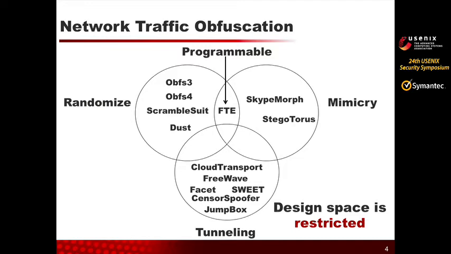So when a paper like the Parrot paper or Cover Your Axe comes out, there's no way to improve on the system to add new features to mimic or to evade detection. And moreover, a lot of these are all HTTP based. And really, if we want to do a good job of making censors work, we should be moving into a much broader base of protocols, not just HTTP and Skype, basically.